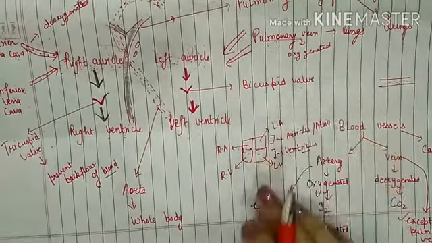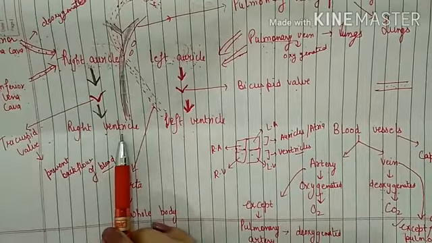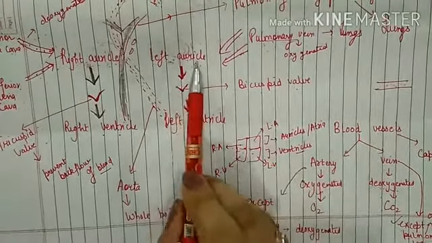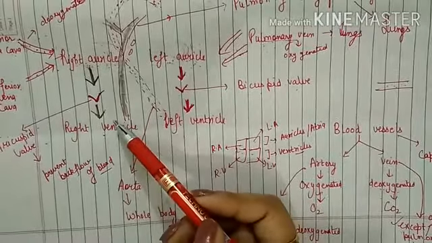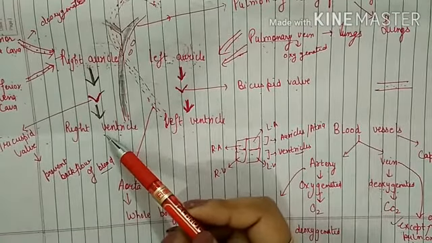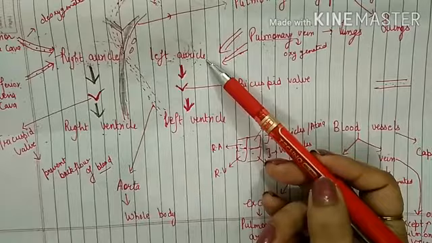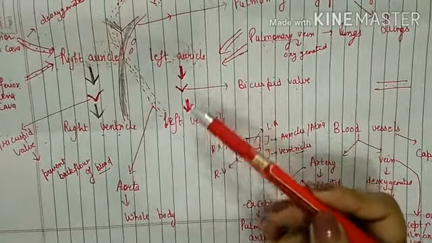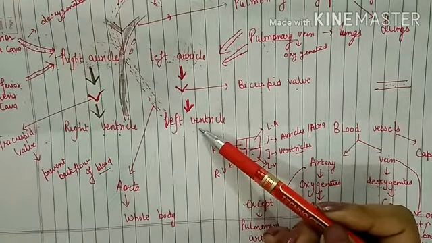This means the tricuspid valve is present between the right auricle and right ventricle, and the bicuspid valve is present between the left auricle and left ventricle. Now you know that in the right auricle, deoxygenated blood is present. Similarly, deoxygenated blood will enter into the right ventricle, and in the left auricle, oxygenated blood will enter from the left auricle into the left ventricle.